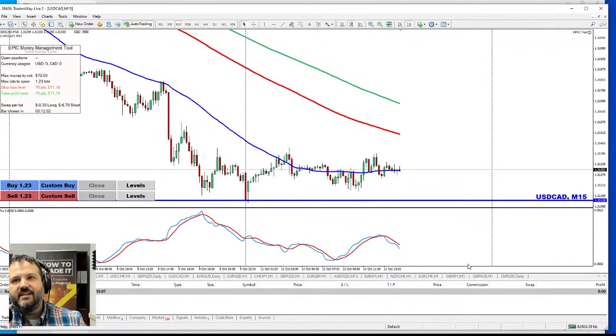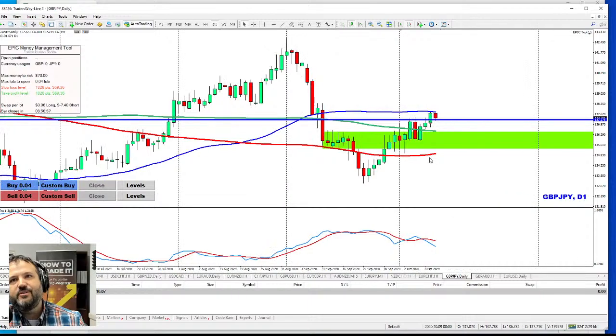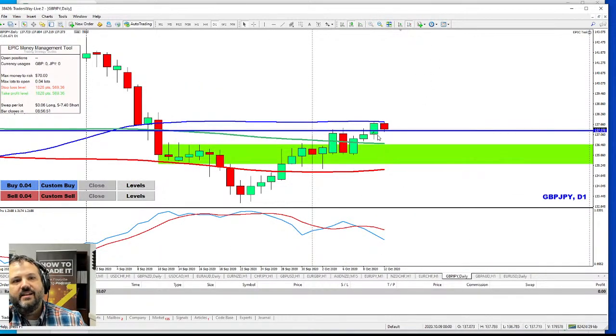I took the pound yen on Friday, and you can tell me what you guys took, but you can see my line here. Let me zoom up. I took this long. I drew this area here for support and resistance.